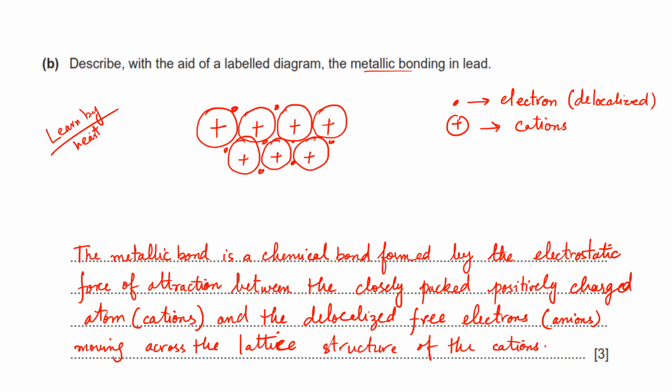Write 2-3 lines, and the key things you have to remember: the cations, sea of electrons, or the positively charged cations forming the core of the lattice, and the delocalized free electrons, which can easily roam around that lattice, and there is a strong electrostatic force of attraction. These are the 3 points you have to mention to get the complete credit for this answer, and I highly recommend that you remember this, as it is frequently asked in the exams.